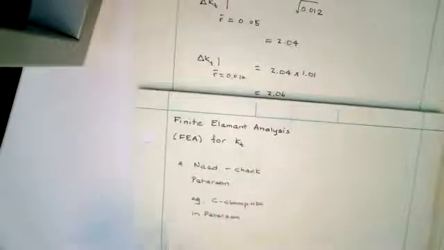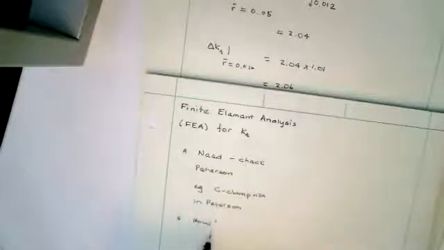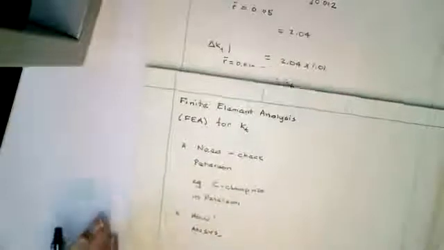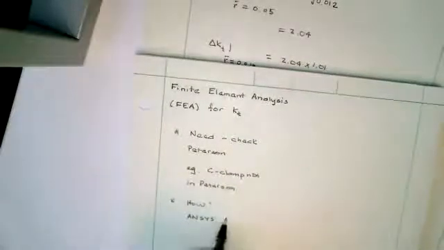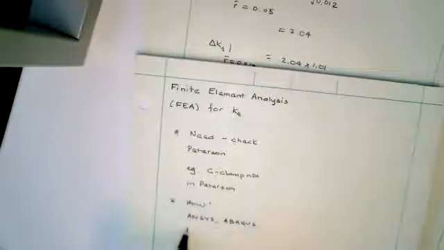How are you going to do this? Well, there are a series of standard codes that have been carefully verified, the codes themselves. The oldest standing one of these is Nastran.